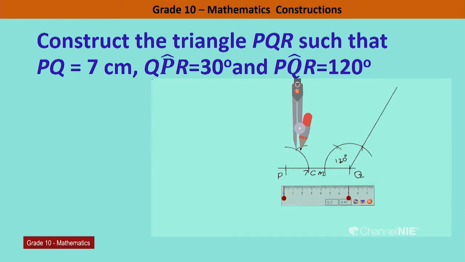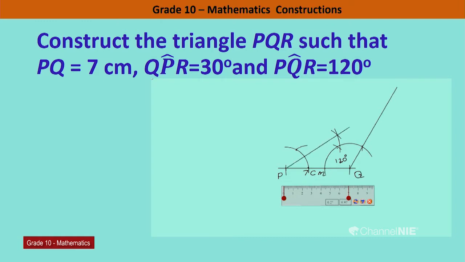Keep the steel point on that new point, take that place as center, take any radius to bisect that angle 60, draw an arc. Don't change the radius. Keep the steel point on the next point, draw an arc. Those two arcs intersecting, we found a new point.